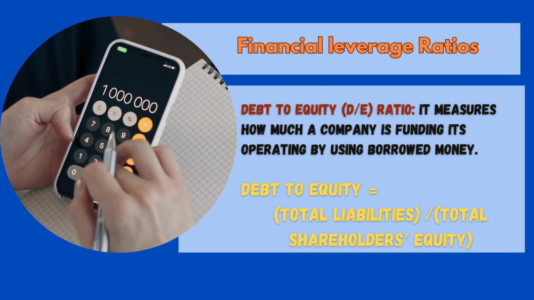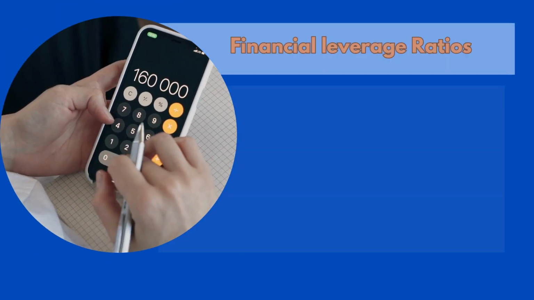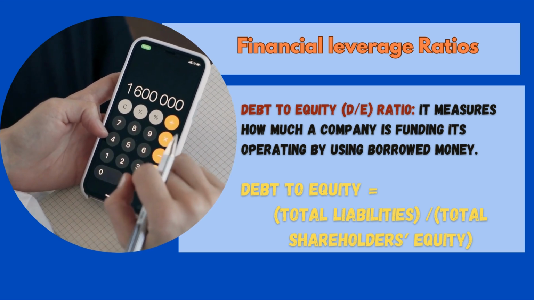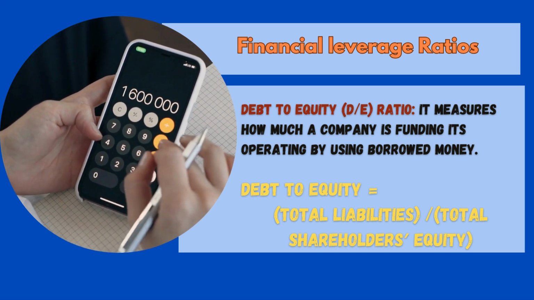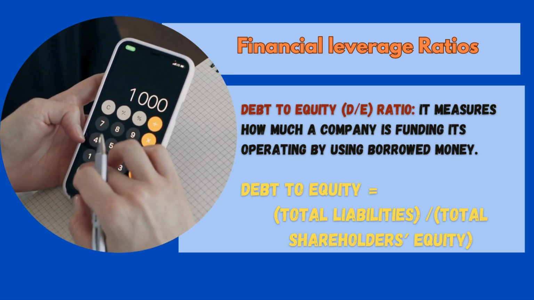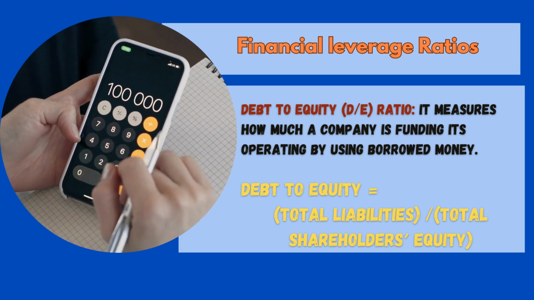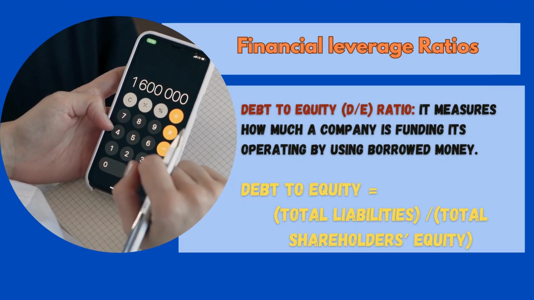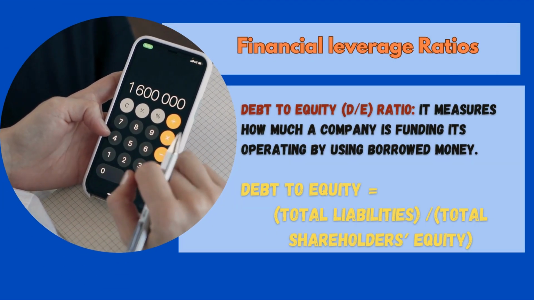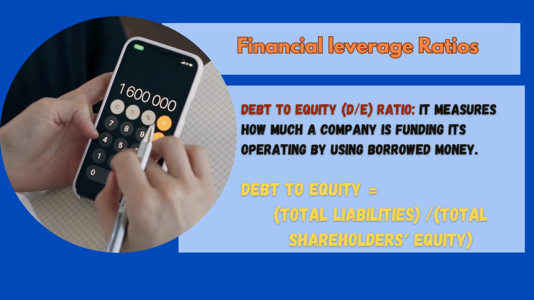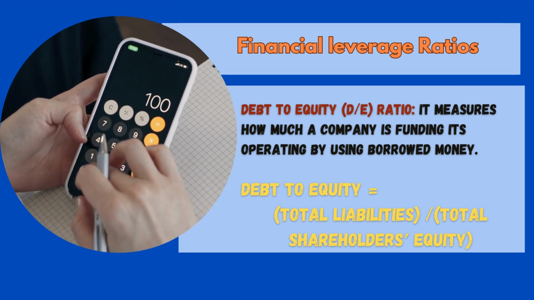For the total liabilities, we just take the non-current liabilities and the current liabilities, not the whole table of the balance sheet. Here we don't take into consideration the shareholders' equity. We just take the non-current liabilities and the current liabilities, and we compare them with the shareholders' equity.